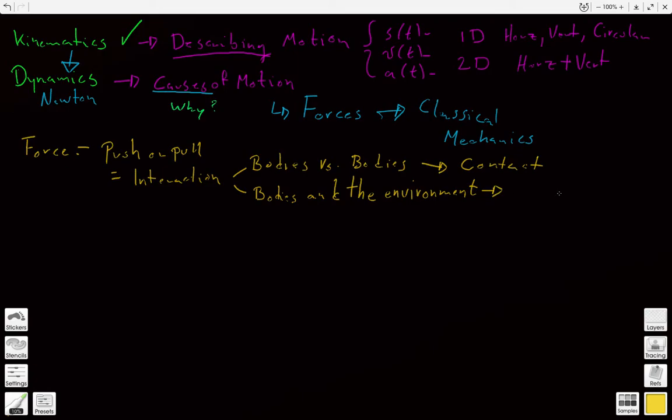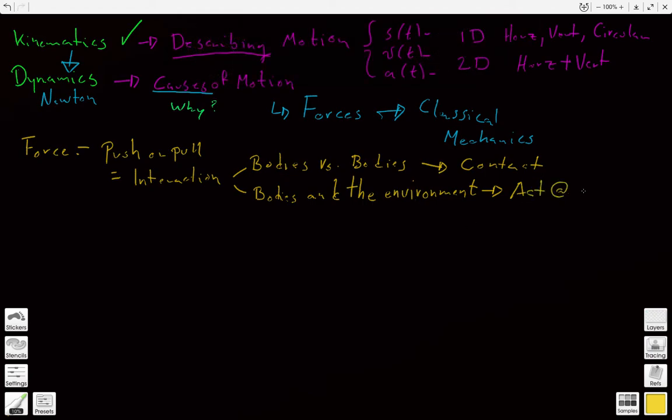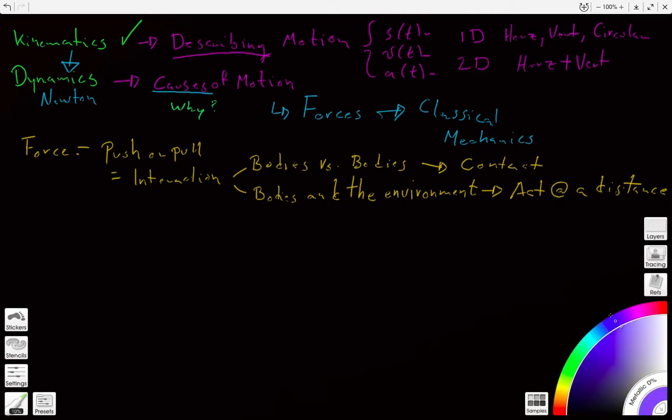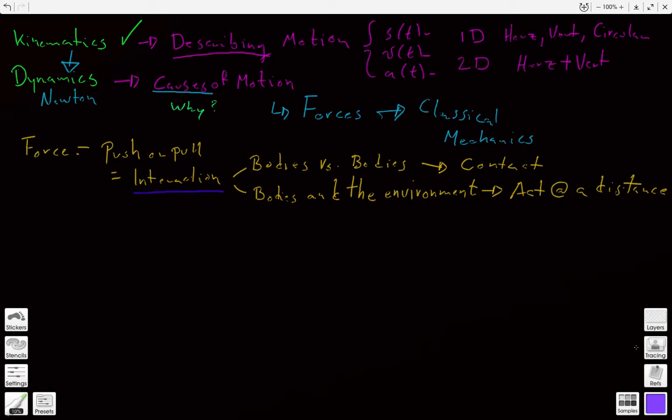And the others, let's call them action-at-a-distance forces, forces that act at a distance. Two different types of forces, two different types of interactions, but they are interactions nevertheless. So remember, it's not necessarily a push or pull, it's more of an interaction between two bodies.